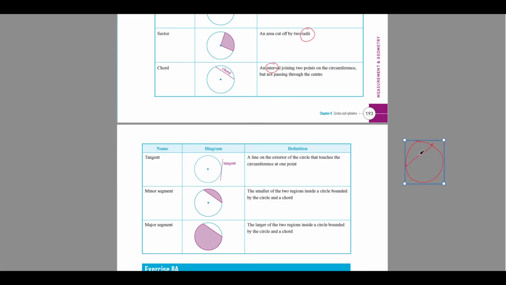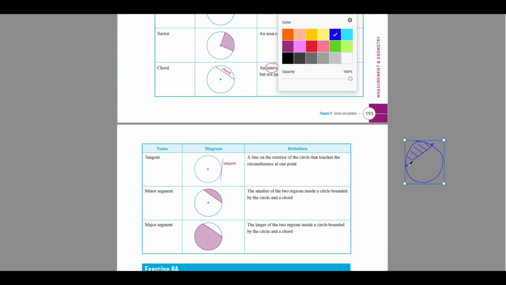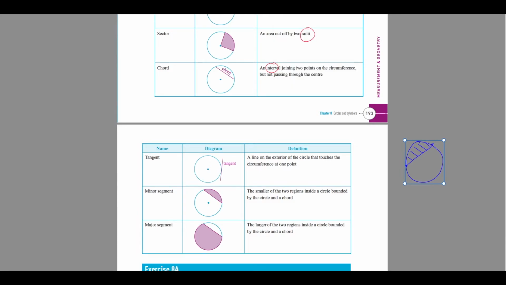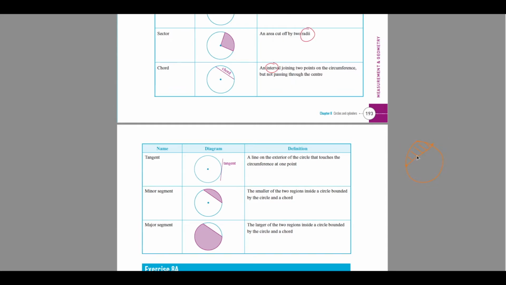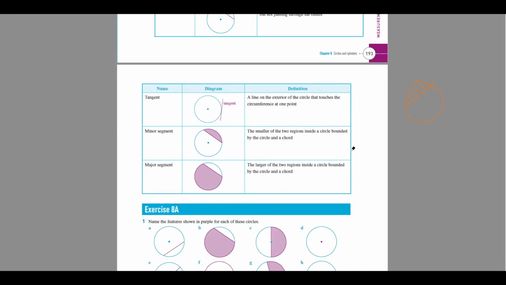Once I draw a chord, it's going to form two areas, right? Oh, okay, I guess it's not going to work. But basically, this is the minor segment because that's the smaller area, and the major segment is the bigger area. Okay. All right, so let's just do some of these questions.